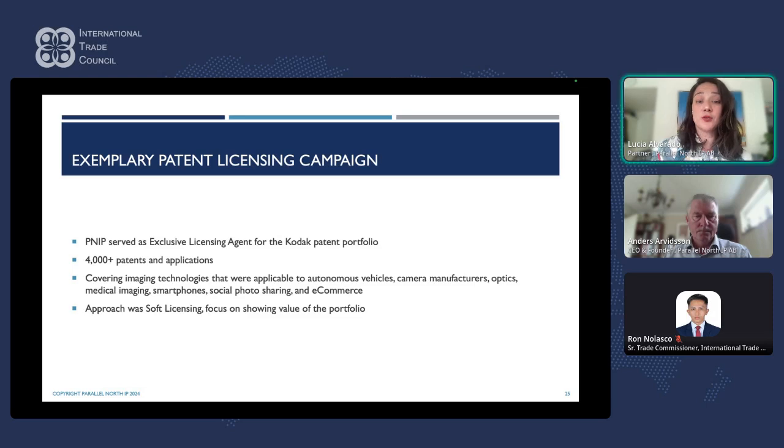But what happens to the technologies that can be used in vehicles, camera manufacturers, optics and medical imaging, smartphones, e-commerce, etc.? So our objective was to take a soft licensing approach. What that means is that we wanted to do this as a business proposition where there was a win-win without litigation.